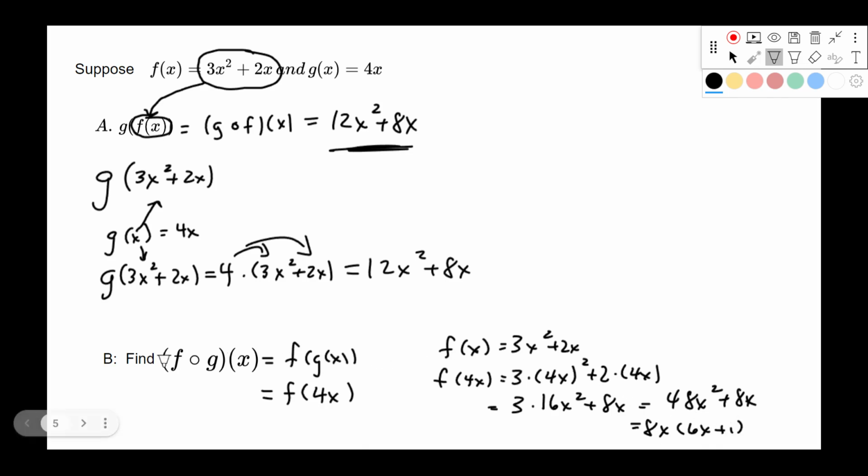So f of g of x comes out to be 8x times 6x plus 1, or 48x squared plus 8x. That's my answer for f of g. We're literally taking one function and putting it inside the other.